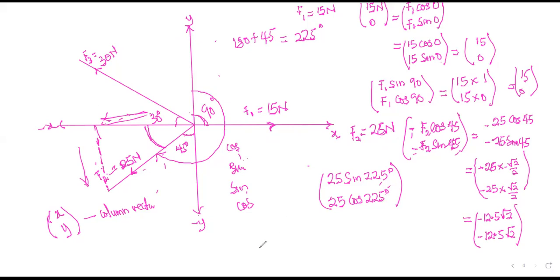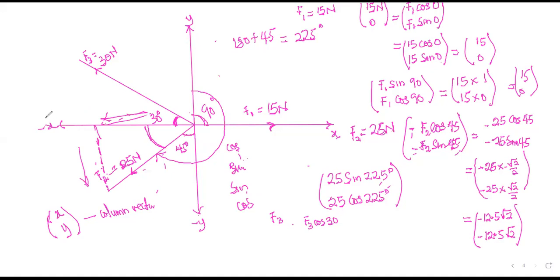Okay. So let's also look at F3. If you are to use the angle it makes with the x-axis, the components will be F3 cos of 30, but you must check the quadrants. It falls within the second quadrant.